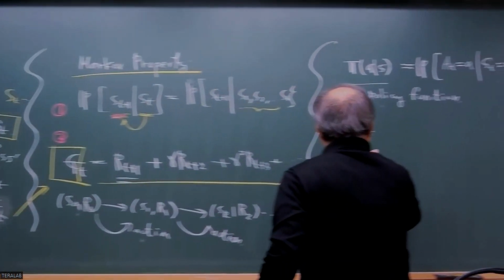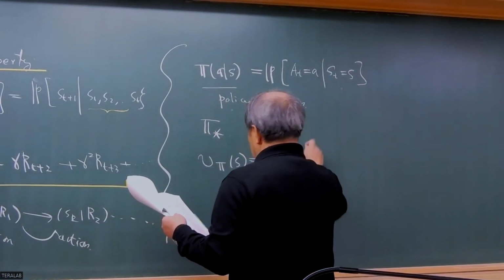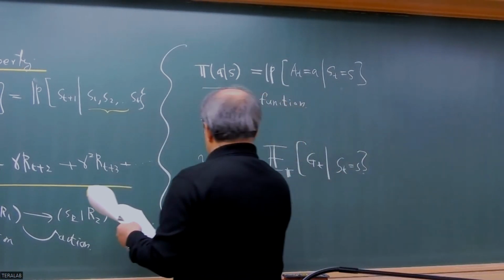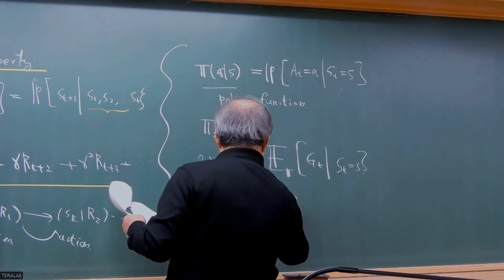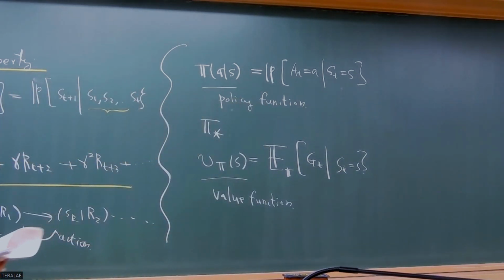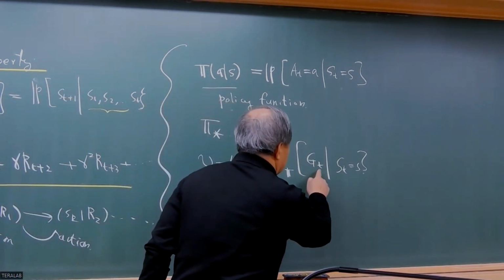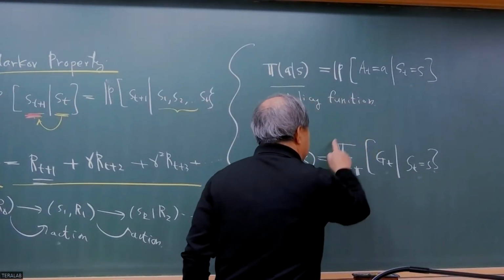Another definition we have to define at this moment is that value function is expected return, future reward summation at a state S. Why do we have expectation?